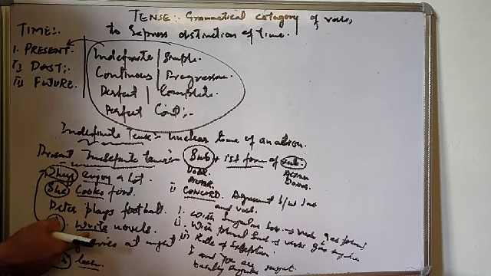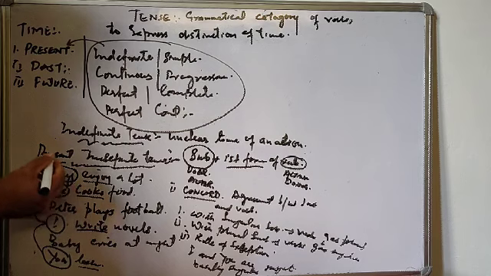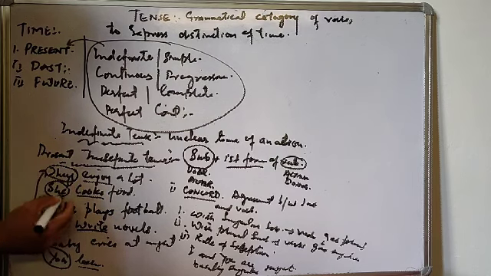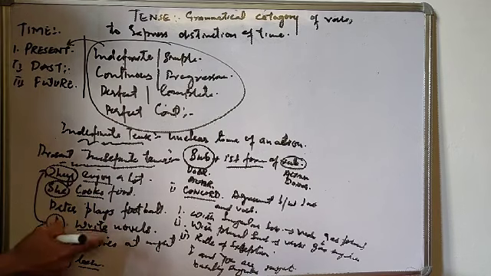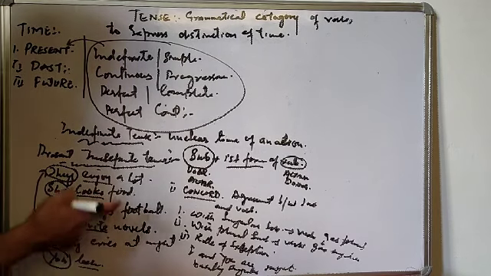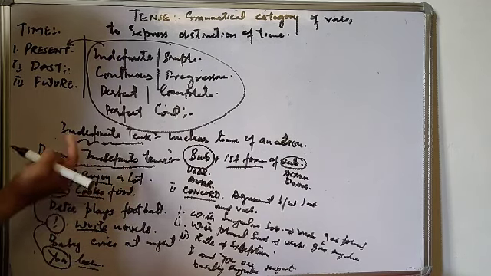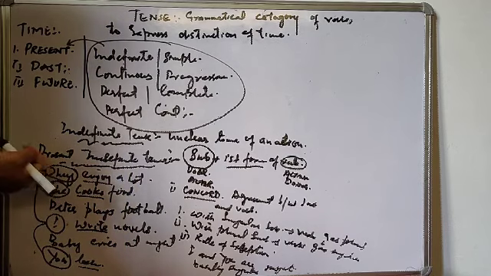With I, verb goes singular. With you, verb goes singular. And rest of the subjects, you can see, she is a singular subject, Peter is a singular subject, baby is a singular subject. This is actually an agreement between subject and verb.